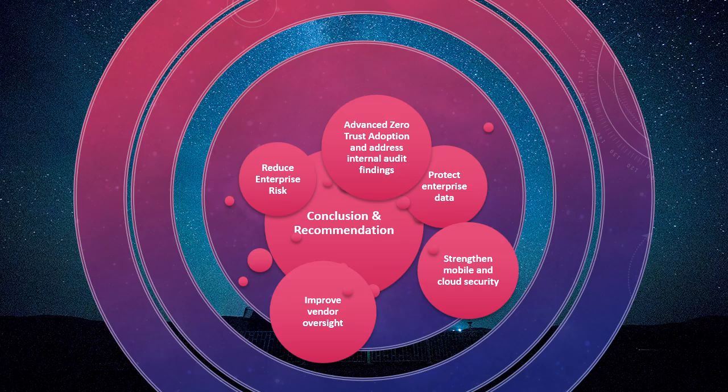It also gives us greater visibility into third-party risks, especially from our mobile development vendor Spectra. This program directly supports our transition to zero trust by focusing on identity, device validation, micro-segmentation, and least privilege access.